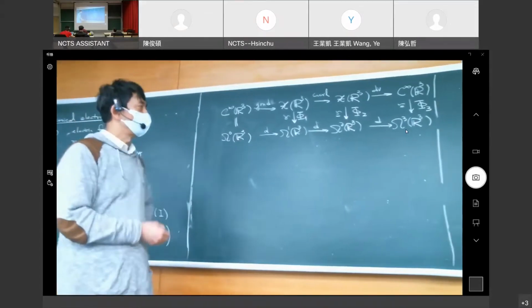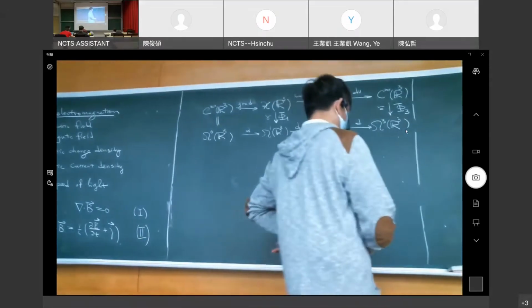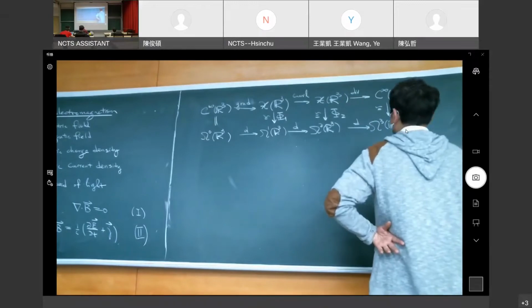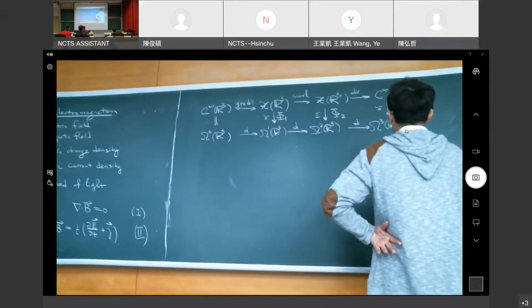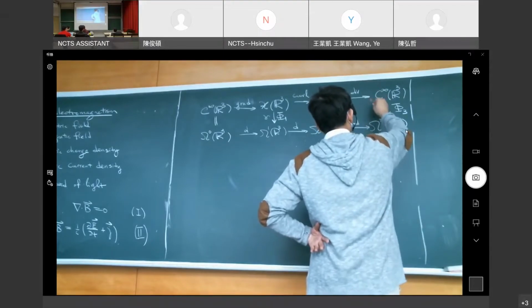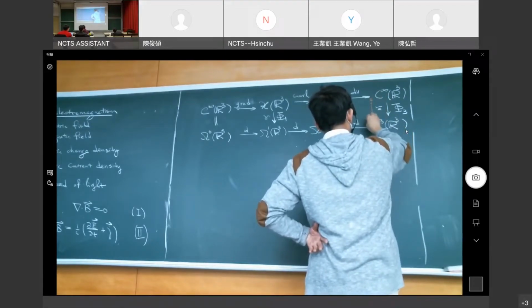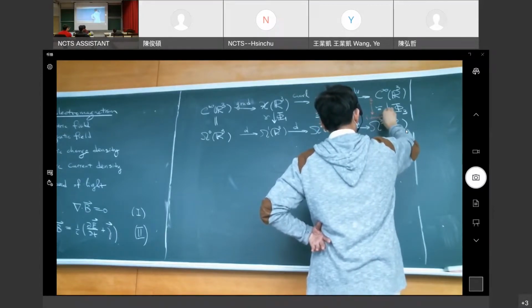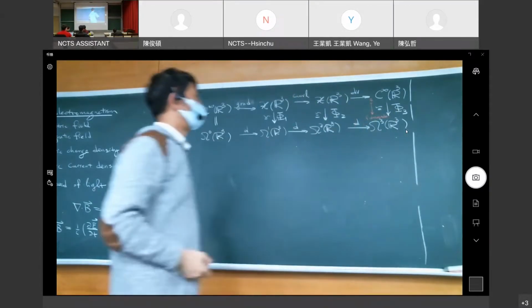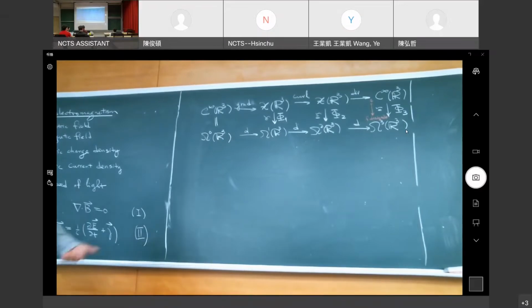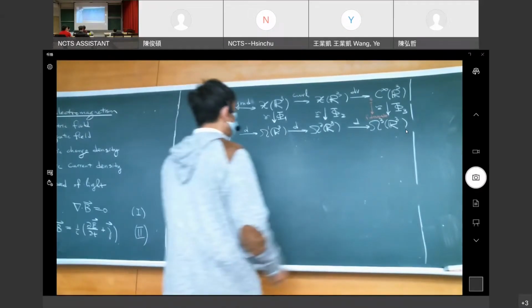So, for example, if I have a function here, then it maps to f times dx wedge dy wedge dz, and it is that very simple isomorphism, which is called phi 3.